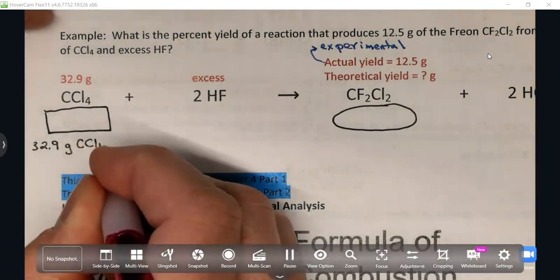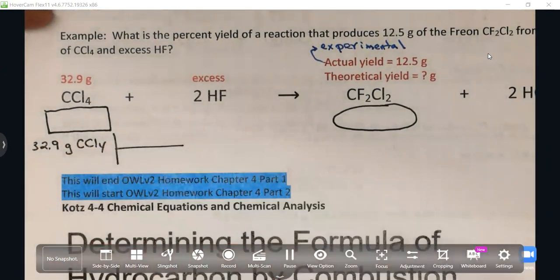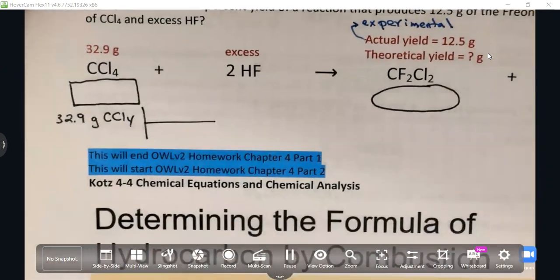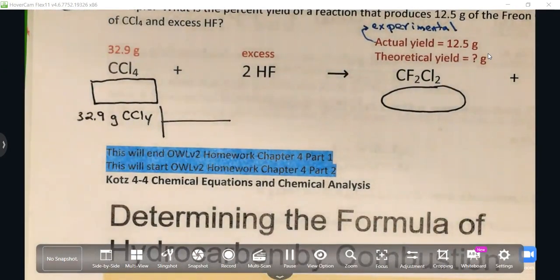So 32.9 grams CCl4, how many grams in a mole of CCl4?